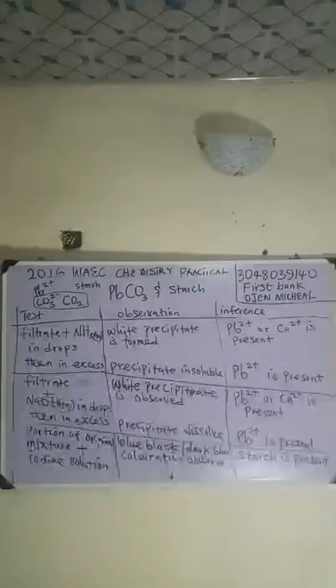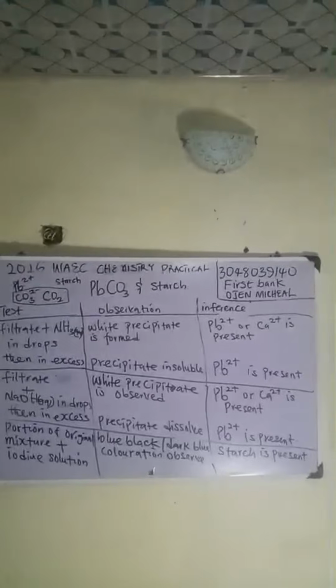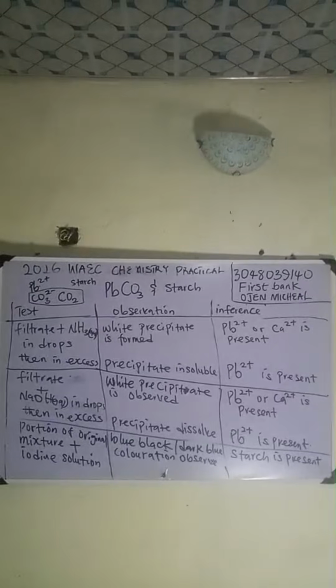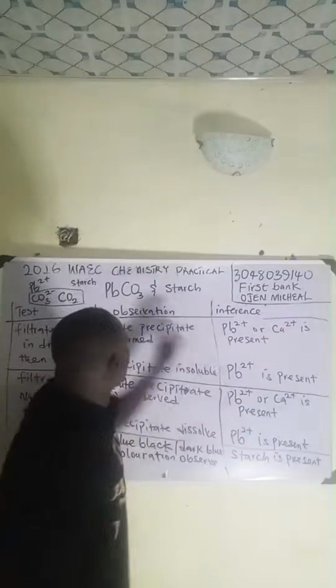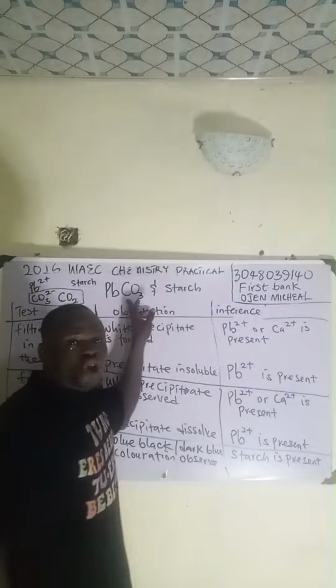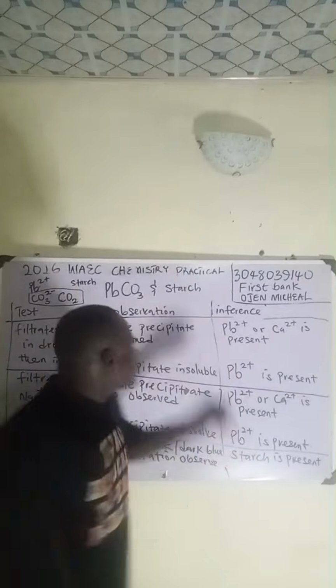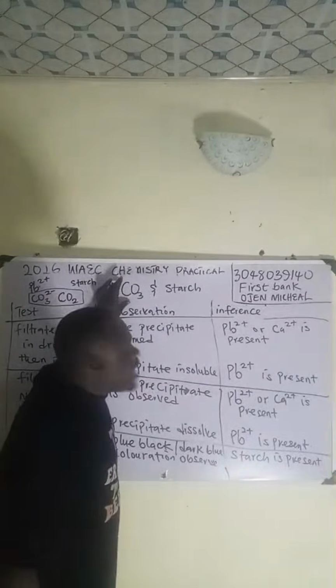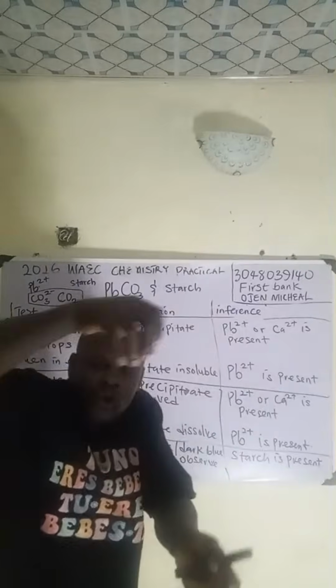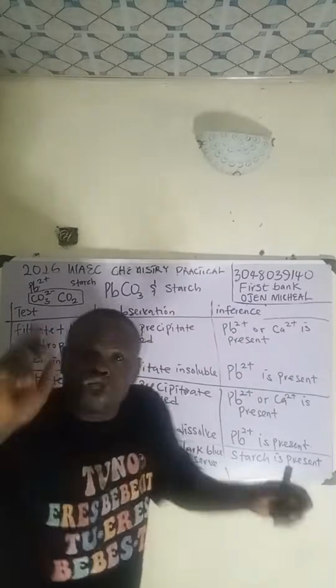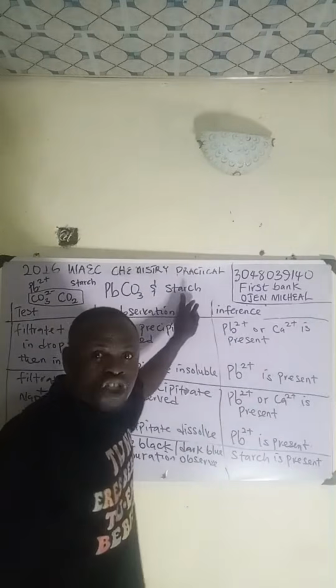So at the end, we have been able to establish all our salt analysis and titration. It says that the original mixture is, yes, original mixture. Look at, they said you should add the ratio of 1:1, that is lead carbonate and starch, mix them together. Now it's not only starch.